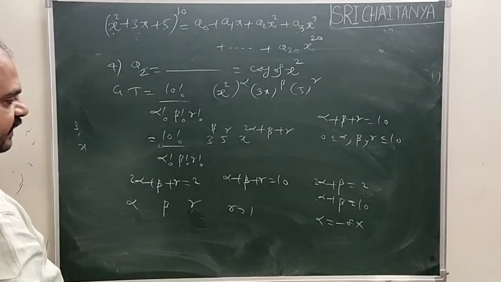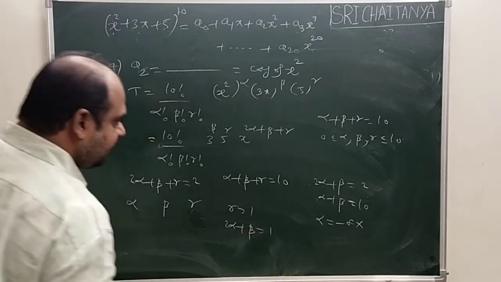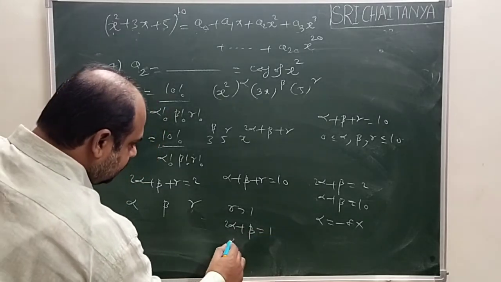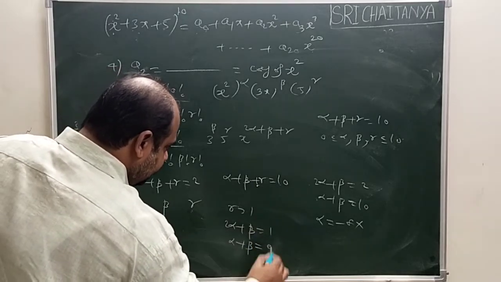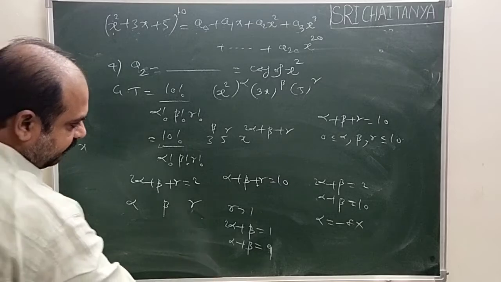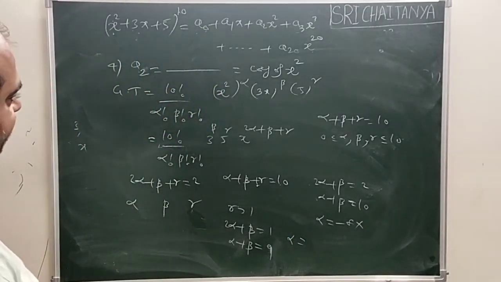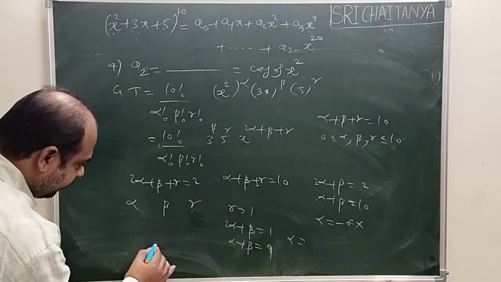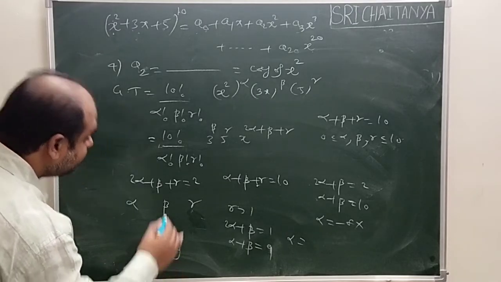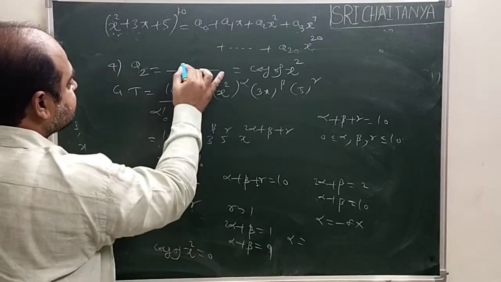If you take gamma equal to 1, then 2 alpha plus beta is 2 and alpha plus beta is 9, and alpha again comes out negative. If you do not get any valid values of alpha, beta, gamma, the coefficient will not be there; the coefficient of x square is 0.